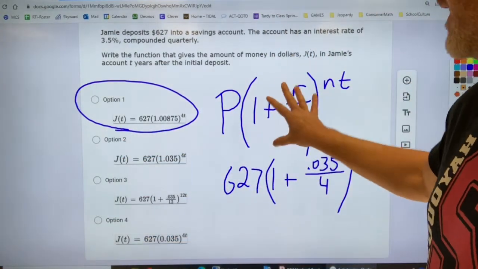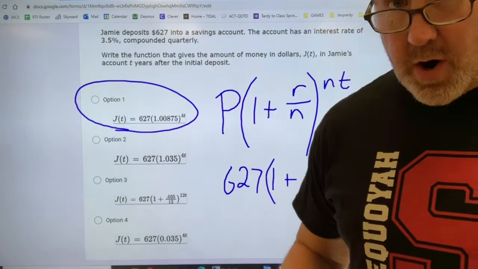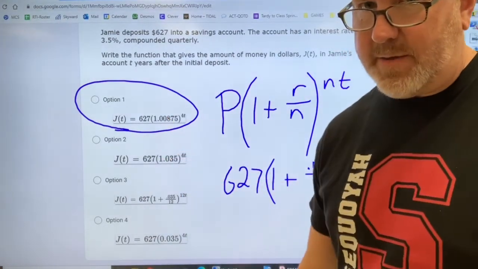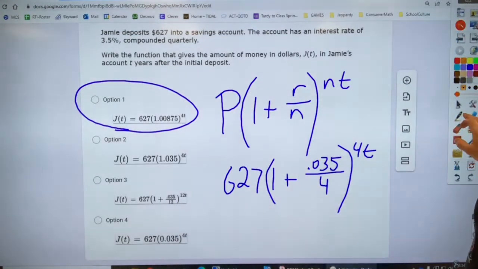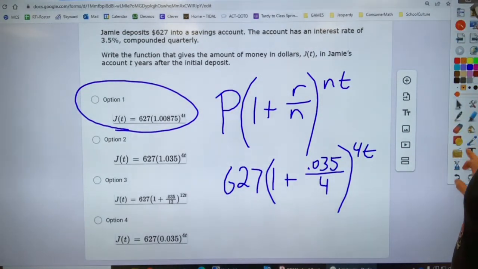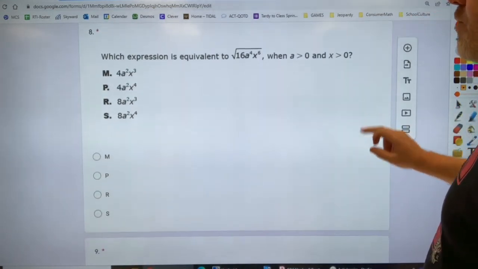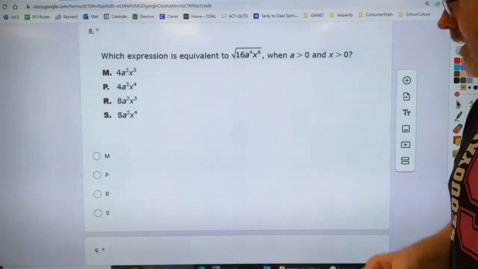Again, this problem came off of the part without a calculator, but you wouldn't be able to do that calculation without a calculator, certainly not easily. So if this were in a multiple choice situation, you would definitely be given that in the calculator portion. All right, so here's number 8.